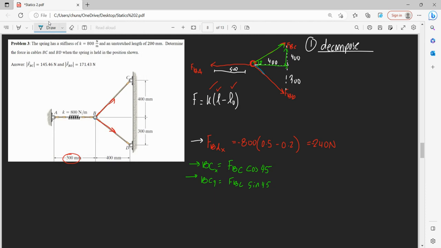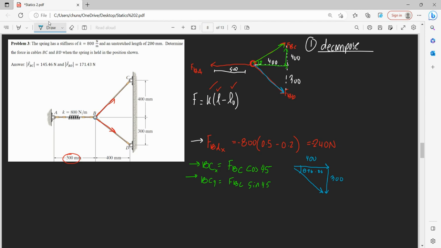Now let's look at FBD. FBD has a positive x component and a negative y component, and it has 400 and 300 here. That means this angle is tan inverse of 300 divided by 400, opposite over adjacent, which is 36.86 degrees.